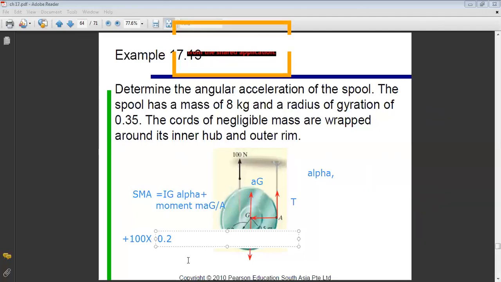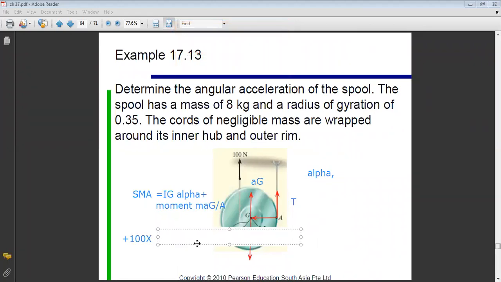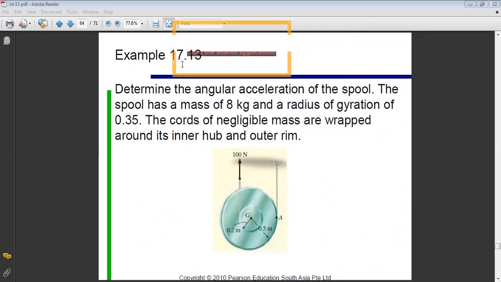We are doing moment about A, so the distance would be 0.2 plus 0.7 plus 0.4. So it's 0.7. Here we should add 0.2 plus 0.5, so it's 100 times 0.7.